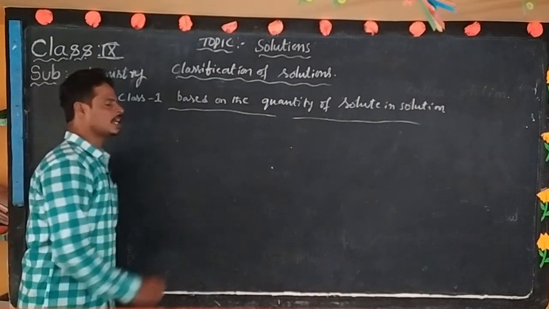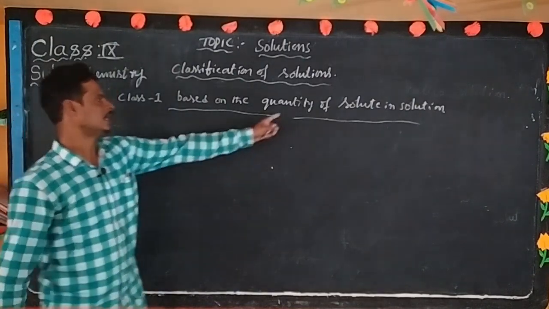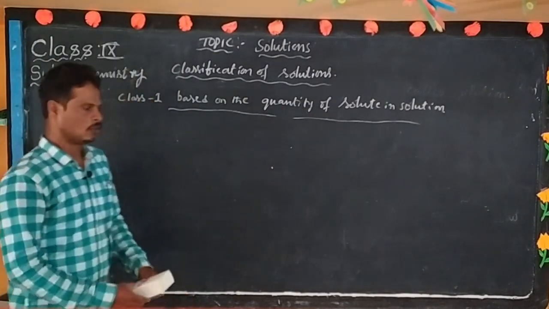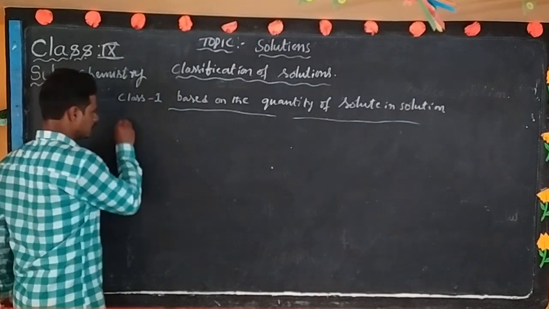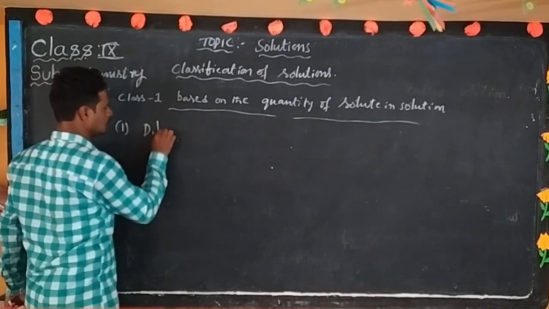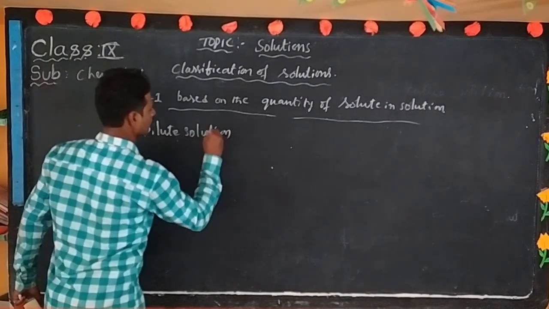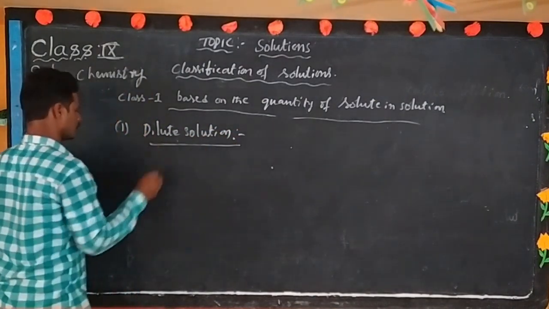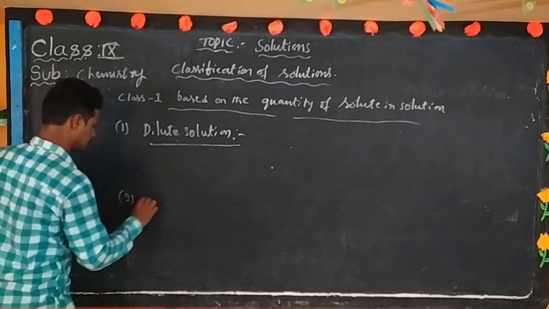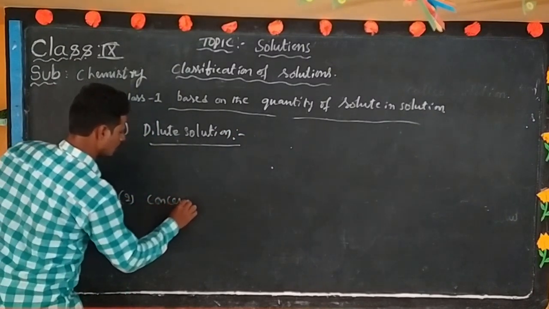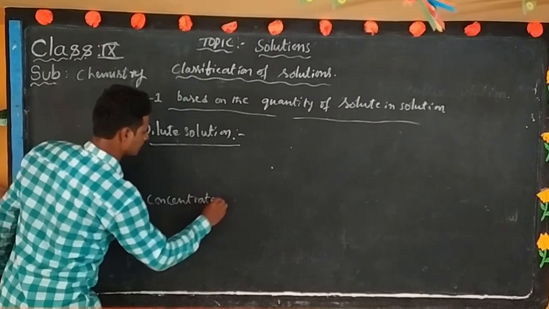So here a solution can be divided into two types based on the quantity of solute in a solution. What are they? First one is dilute solution. Next one, concentrated solution.